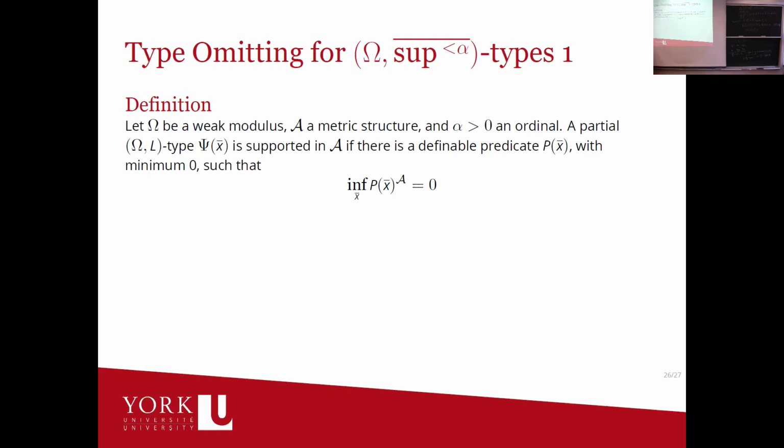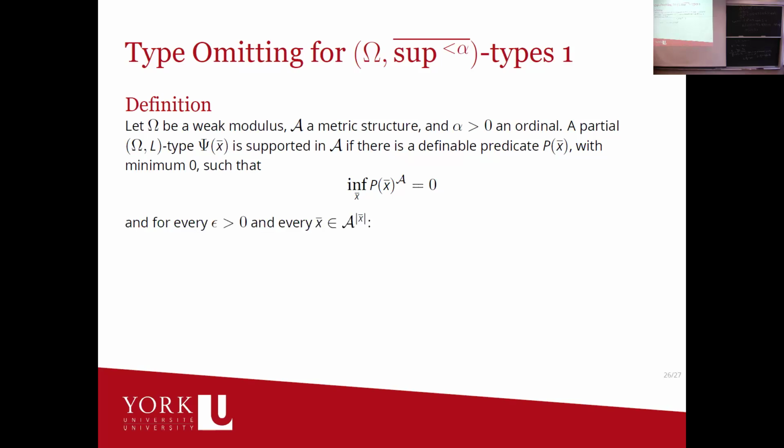I'm just not putting any complexity values. It is supported in A if there is a definable predicate with minimum 0, such that A believes that there is approximately a realization of p. So if you want to go back to Antonio's definition, there exists an x such that A believes p of x.